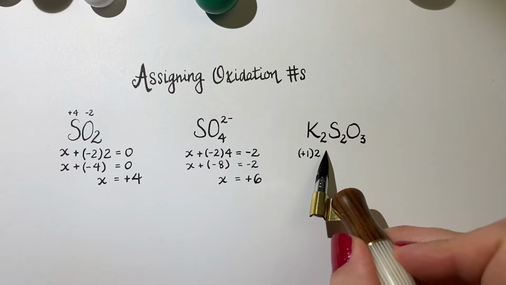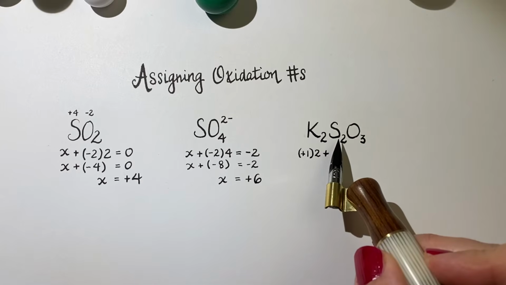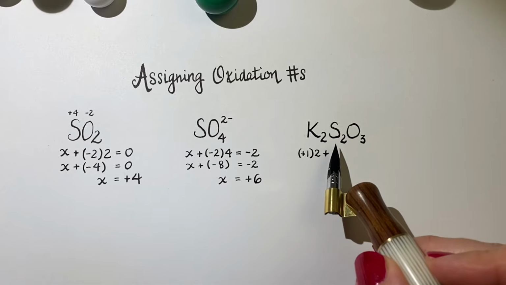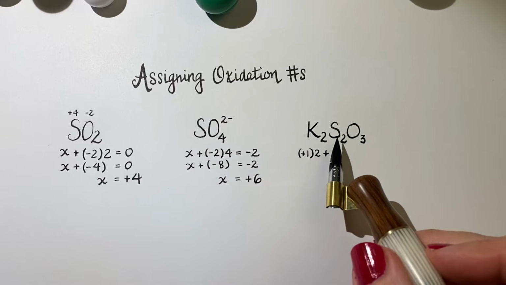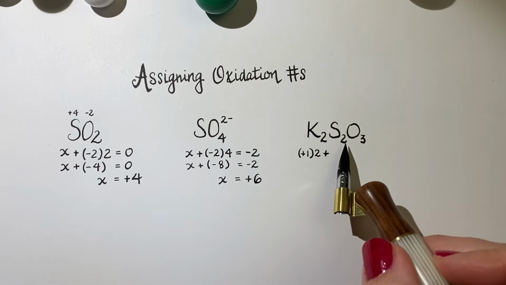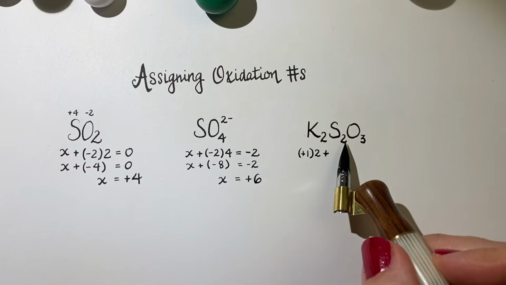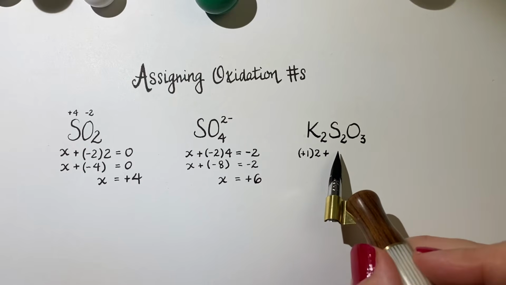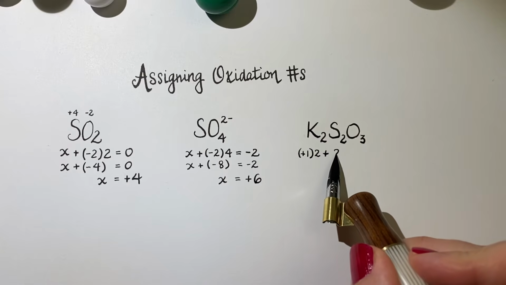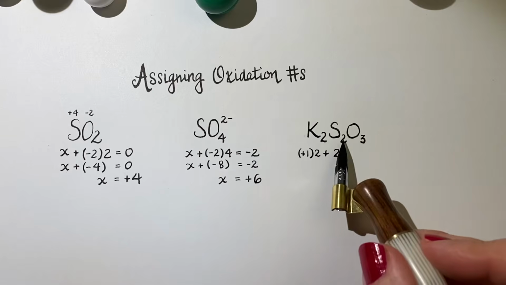Okay. Now we will add that up with the oxidation number of sulfur. We're going to call this X again. But now we need to take note that there are 2 of these sulfurs. So instead of writing X here, I'm going to write 2X. 2 sulfurs.